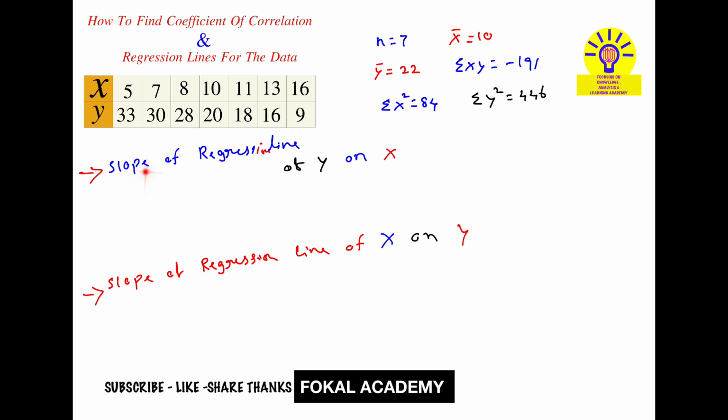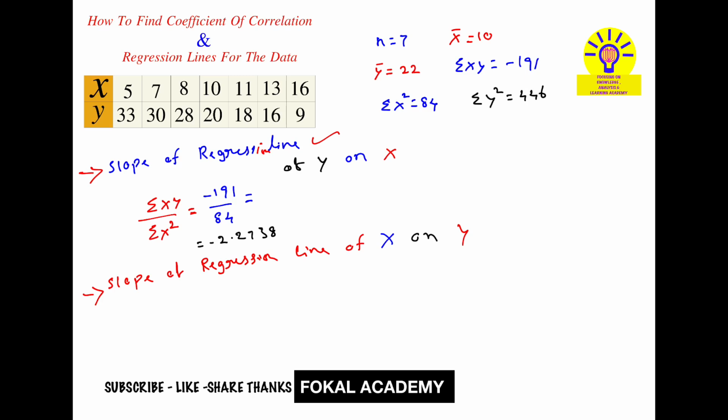Here the slope for the line equation of y on x is summation of XY by summation of X square. We use this as the slope of this line. So that's equal to minus 191 by 84. It gives minus 2.2738.